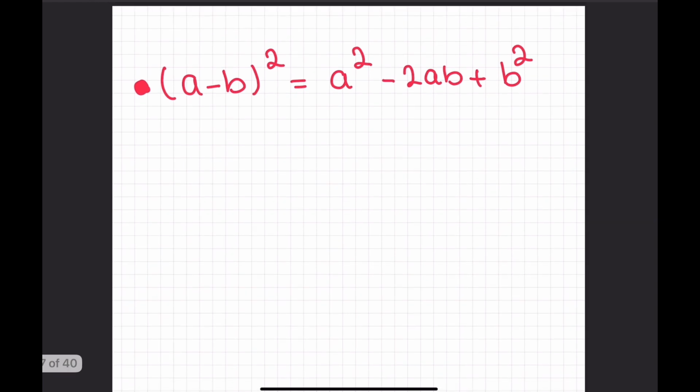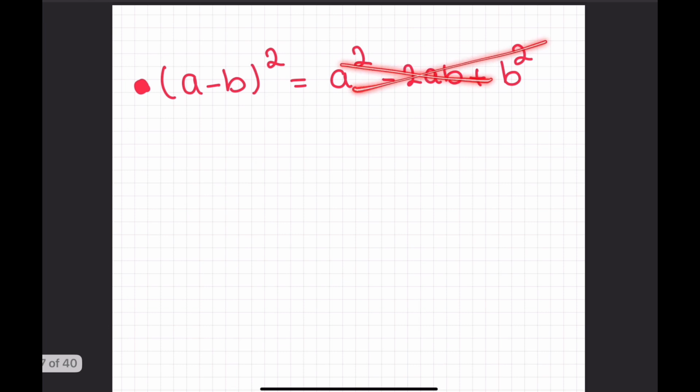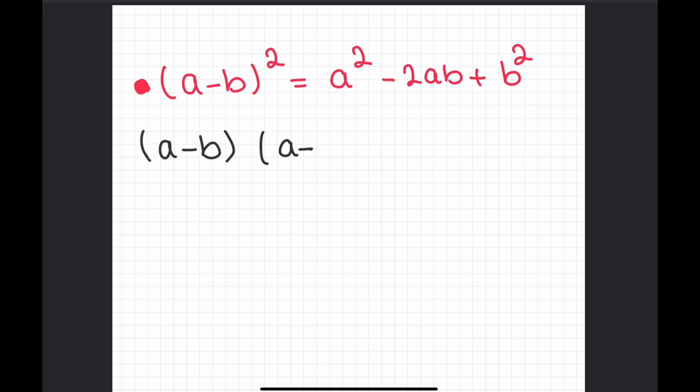Regarding subtraction, I also have (a minus b) squared, which equals a squared minus 2ab plus b squared. If you want to know how I got this answer, just solve for it. This is actually a minus b times a minus b, because the square of anything is that variable or number times itself. A times a is a squared. Negative b times a is minus ba.